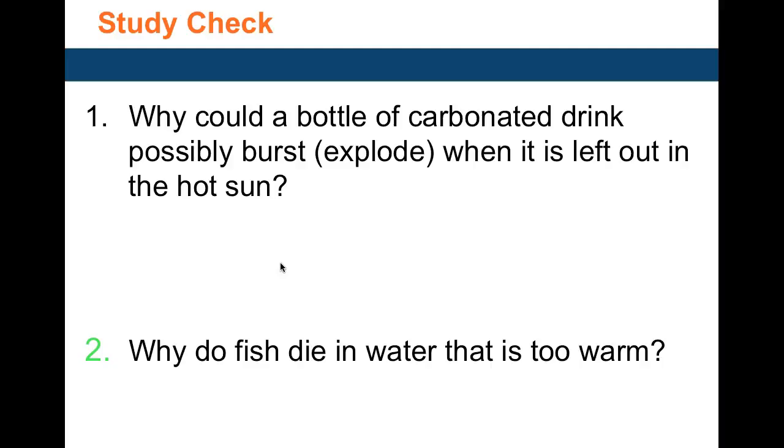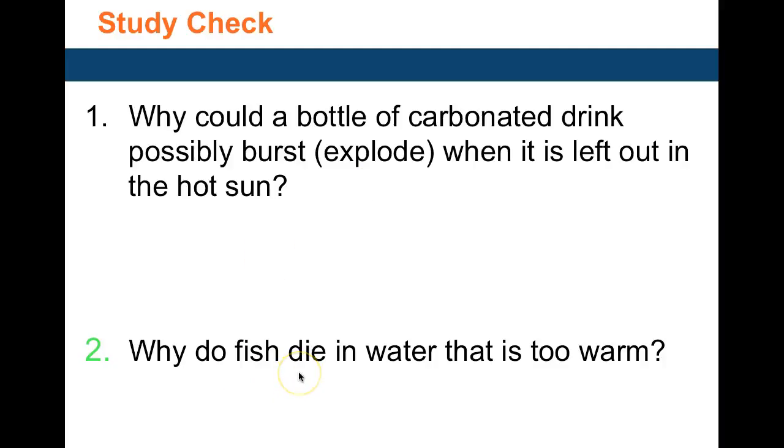So all of that carbon dioxide is going to come out of the liquid and be on top, on the surface of the liquid. The pressure inside the closed can will then increase because of the increased amount of gas on the surface of that liquid within the can, and therefore the excess pressure would make the can explode.